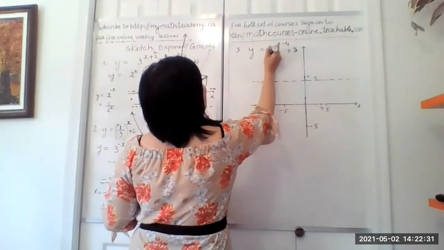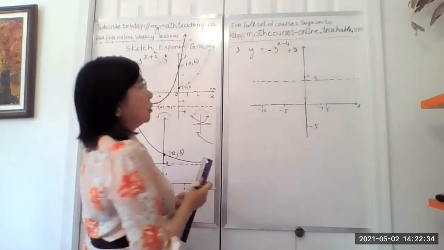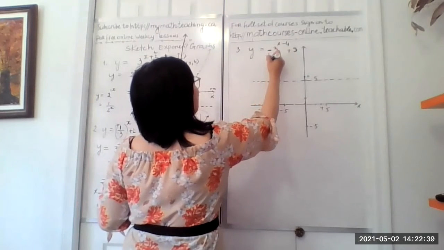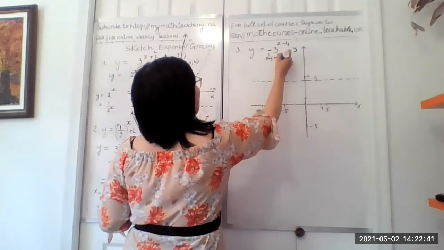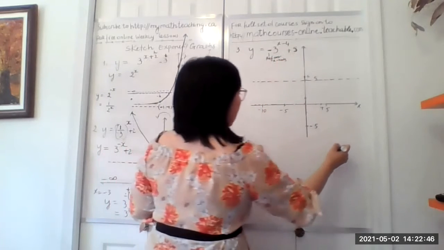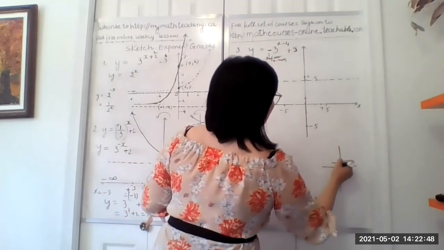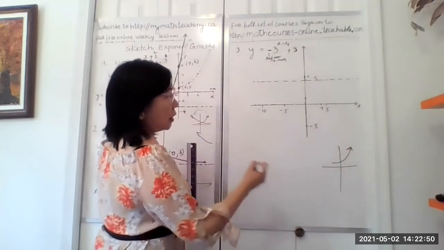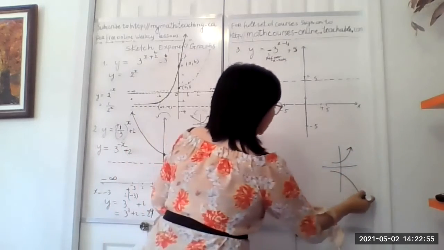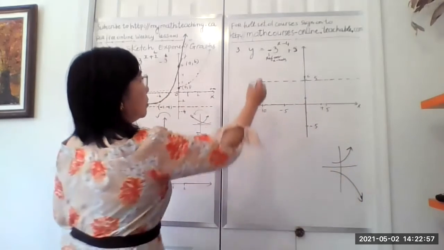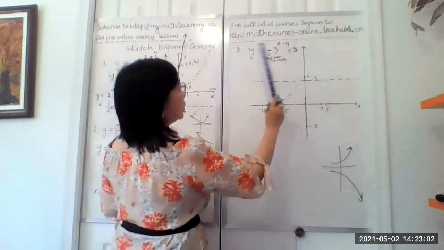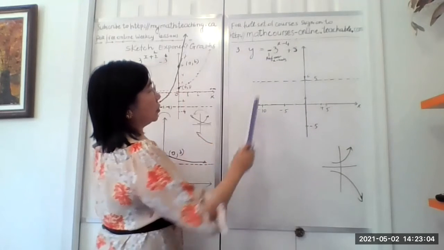Now, if you notice, the third graph has a negative in front of the function. That tells us this is a reflection over the x-axis. It means if we have an original graph like this, now with a reflection over the x-axis, it will go this way because of this negative here. So now let's make more observations.